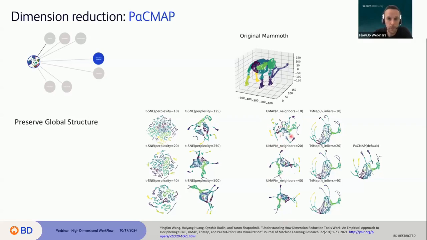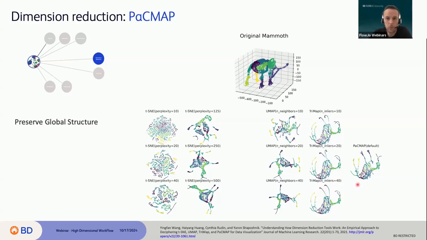Compared to that, TriMap is an algorithm that is good at keeping the global structure of the data. And here we see that for TriMap, it doesn't matter if we change or not the inliers, we can really see that we have a mammoth shape, but not really the local structure, because if you look at the feet of the mammoth, we cannot really see the toe of the mammoth.